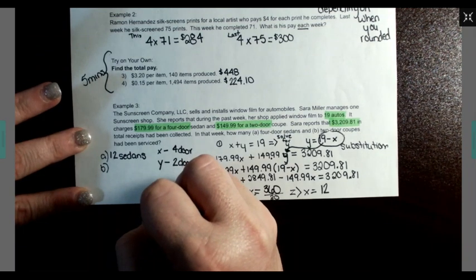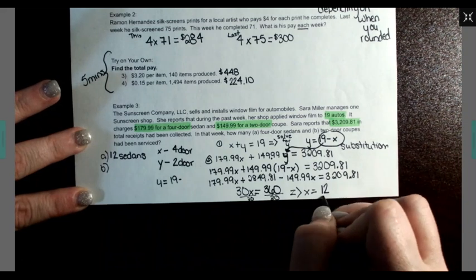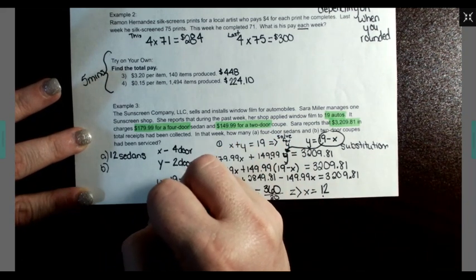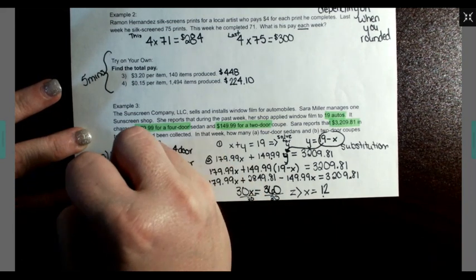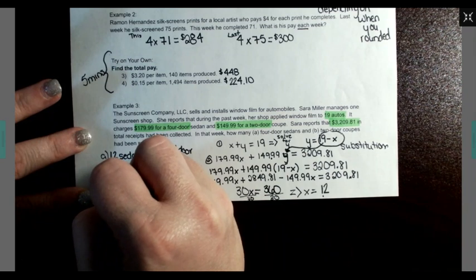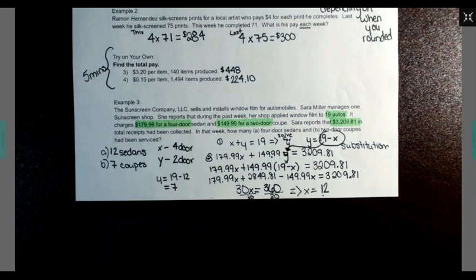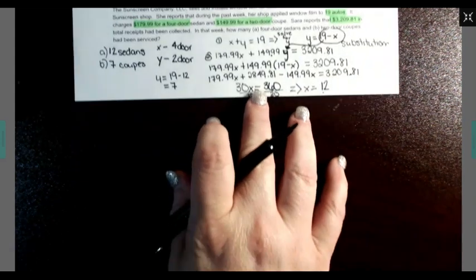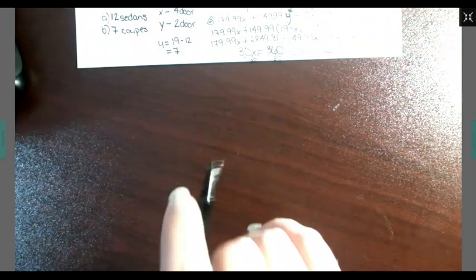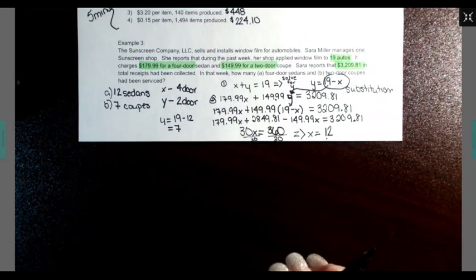We're going to do y equals 19 minus x, which we know to be 12 now. So y equals 7 coupes. So we got 12 sedans, 7 coupes.